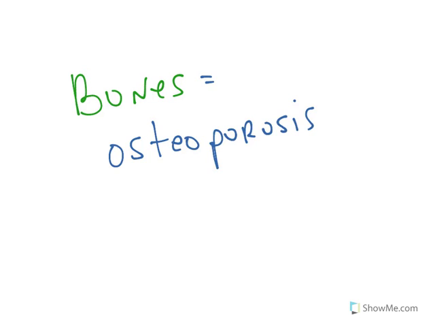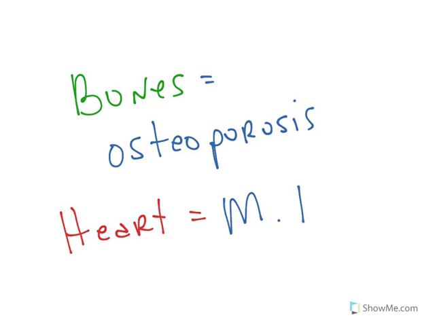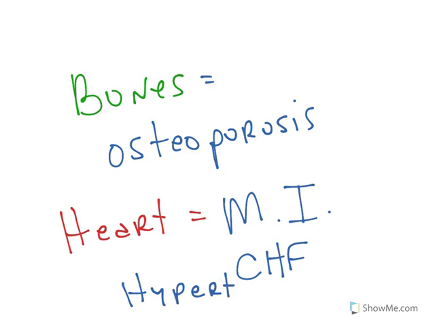Okay, what about for the heart? Maybe heart attack or myocardial infarction, congestive heart failure, hypertension. You're going to see these types of words throughout not only this course but also AP2 as well.